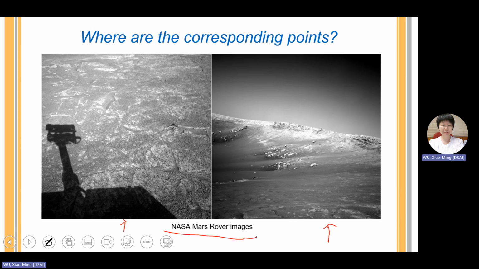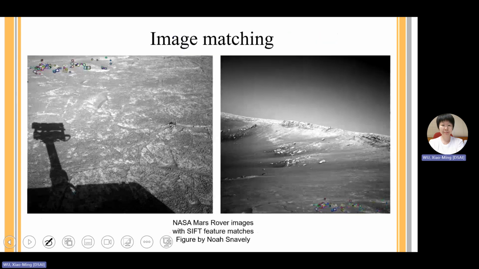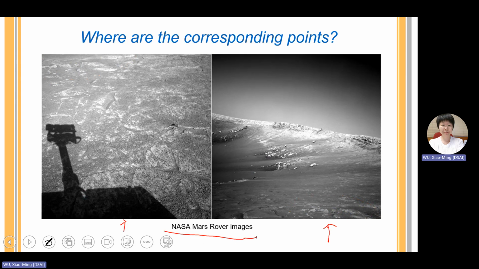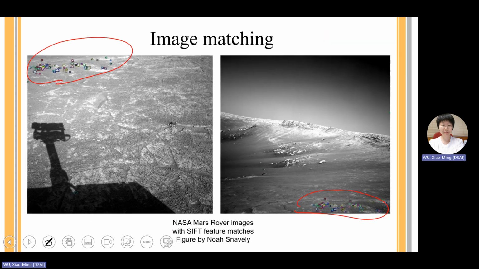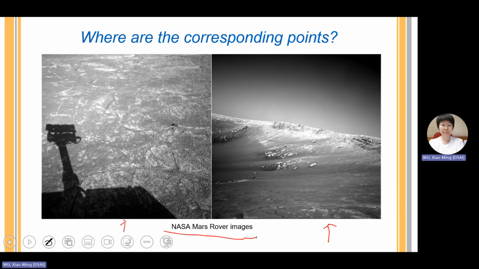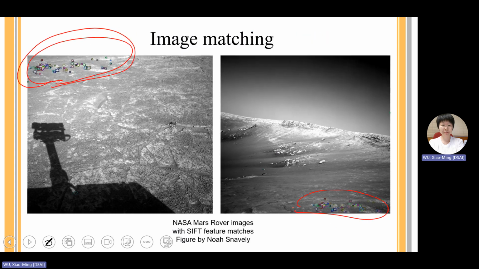The two images contain the same area or region, the same location. The corresponding points are actually here and here. So these two regions are the same region on Mars.